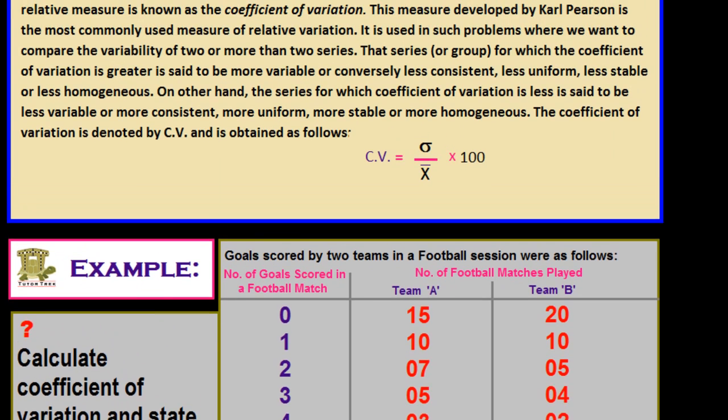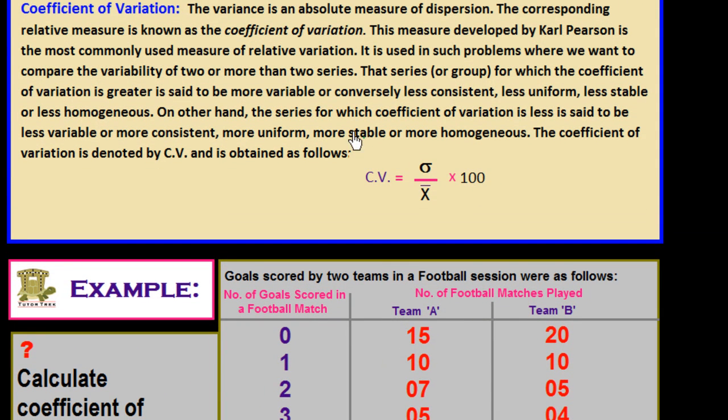So as I explain you here, look at here, the series or group for which the coefficient of variation is greater is said to be more variable or conversely less consistent.